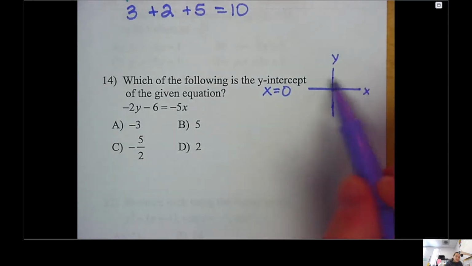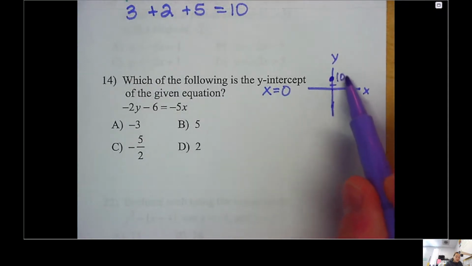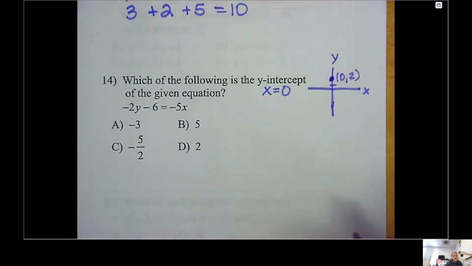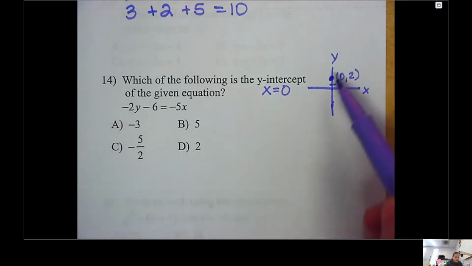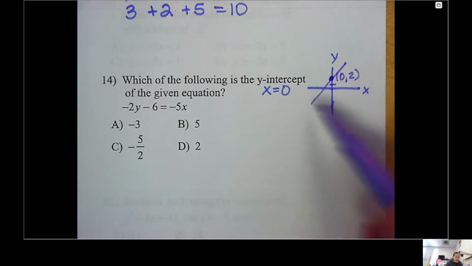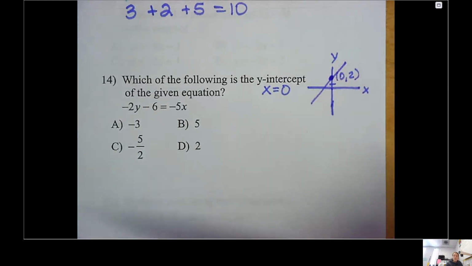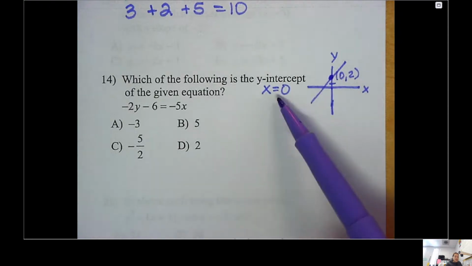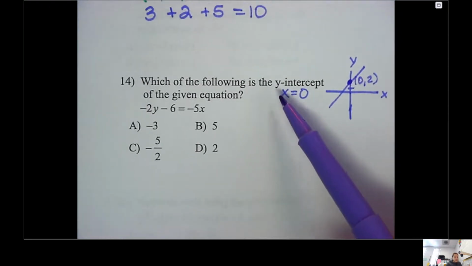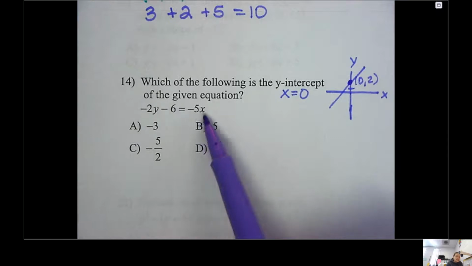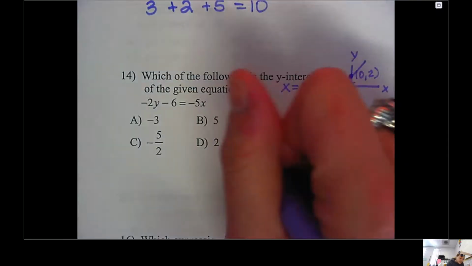And so if you're on the y-axis, like over here, right, if that's like 0, 2, then your x value is 0, your y value would be, and this is a line, right, your y value would be whatever it is and your x value would be 0. So the y-intercept is when the x value is 0, which just means I'm going to plug in 0 wherever I see an x, and then I'm going to solve for y.